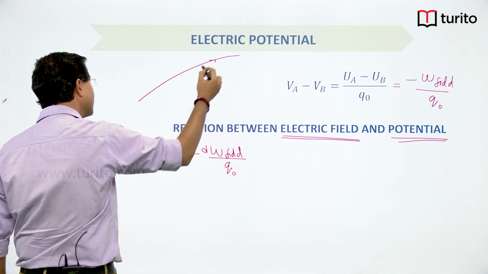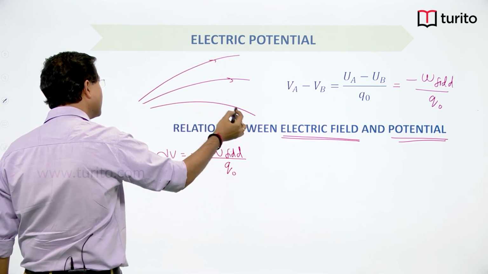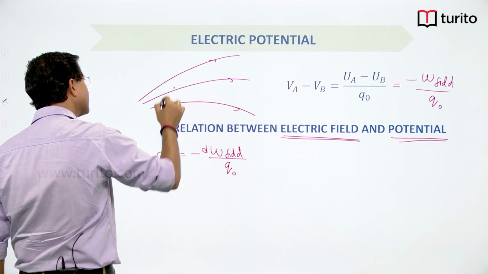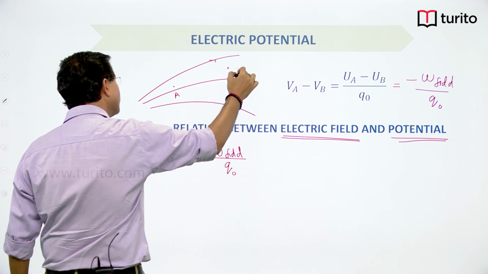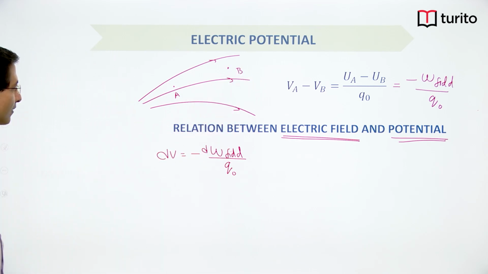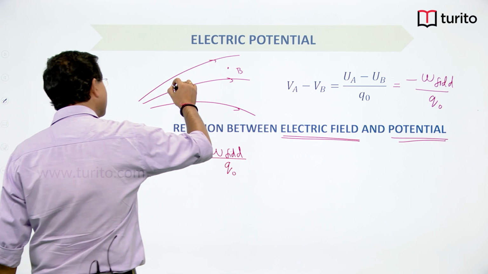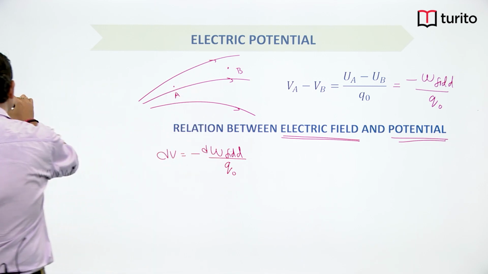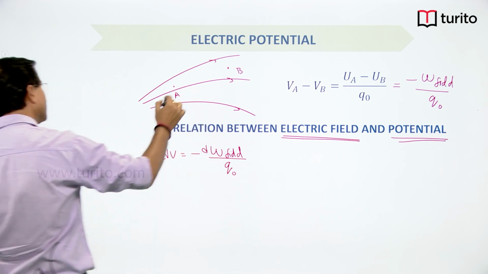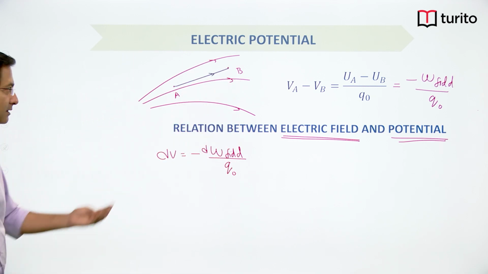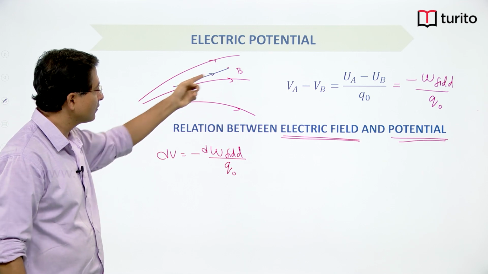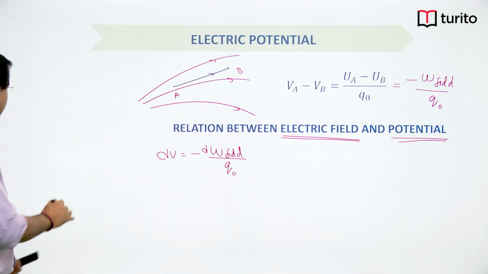So, you are moving charge from point A to point B, this way. So, we are following this path. Field in a space is like this and we are following this path, right.